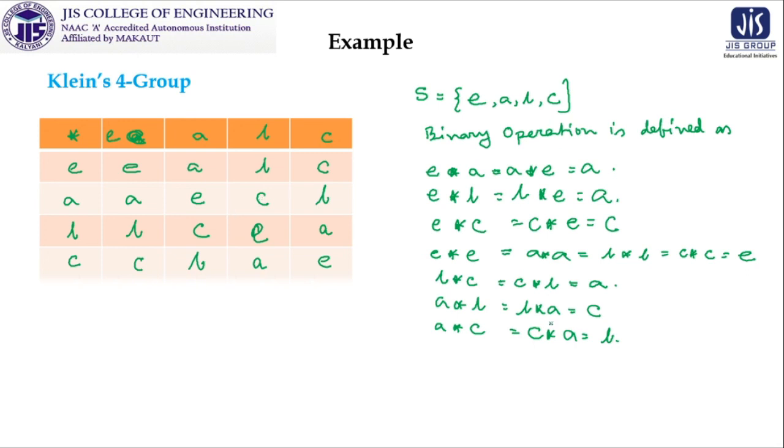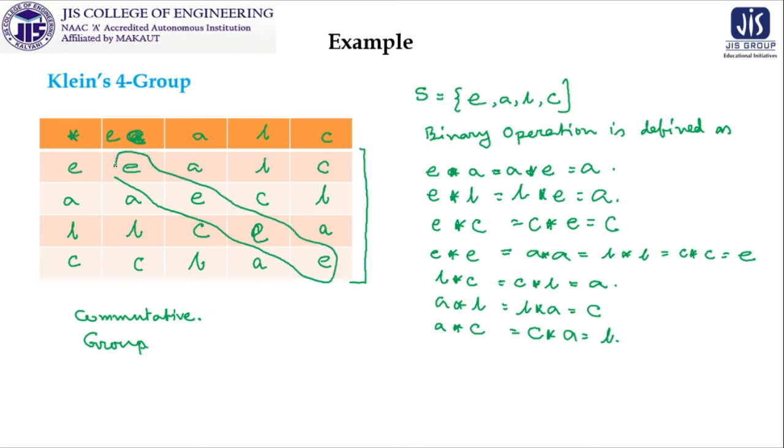Now look at this property, A composition B is equal to B composition A, A composition C is equal to C composition A, all these properties give you the information that it is commutative. And this whole structure gives you the idea that it is a group because it follows closure property, it follows the identity property, it follows the inverse property for each and every element because identity element is present in each and every row, and obviously it is associative.